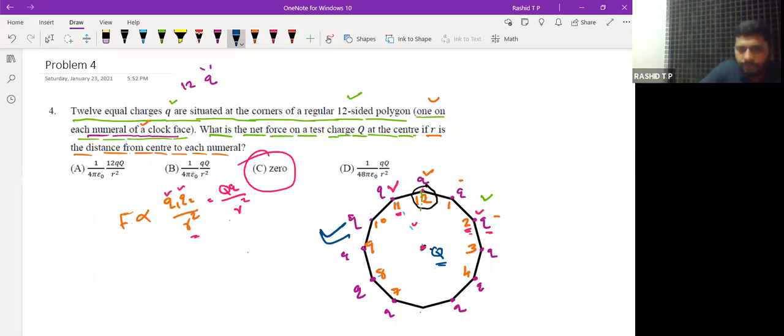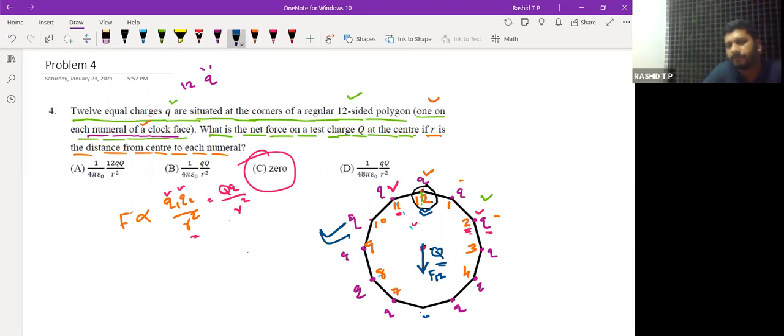Then if you draw the force on this charge because of the 12, which is opposite to the 6, this force will be along this direction. This is the force exerted by the 12th charge. But to cancel this force, there is no charge here. Therefore, there is no force in this direction.